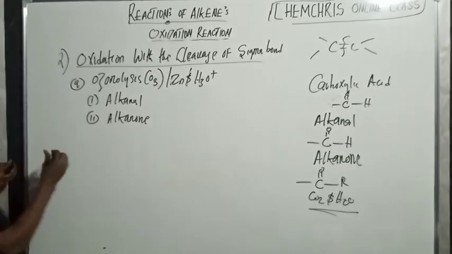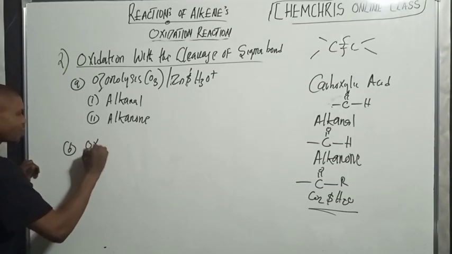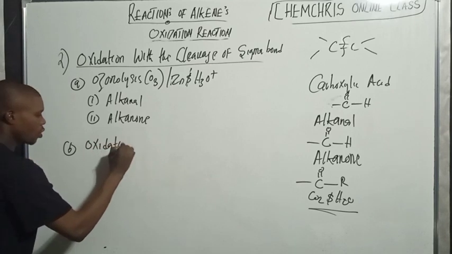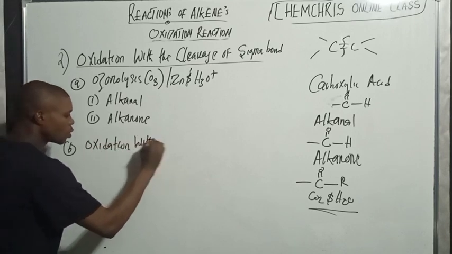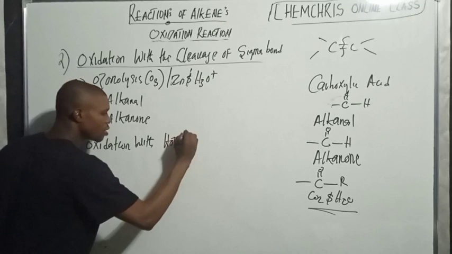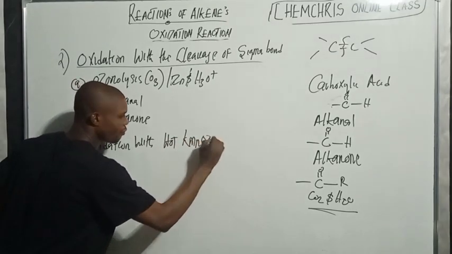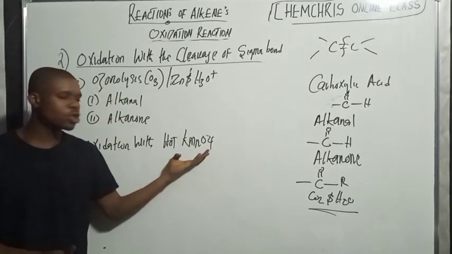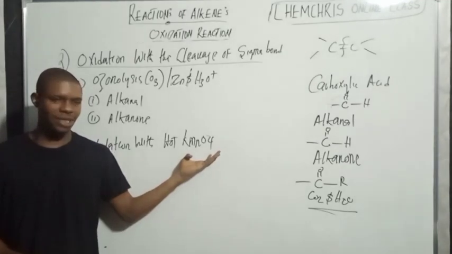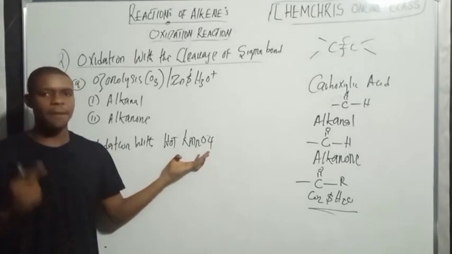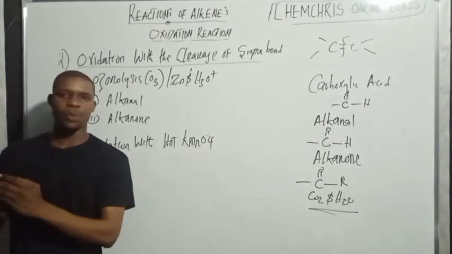Now we also have what we call oxidation with hot KMnO4, that is hot potassium permanganate. Now remember when you oxidize with cold KMnO4, we have a diol.